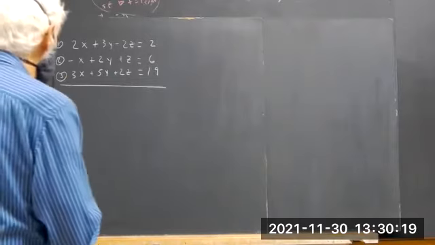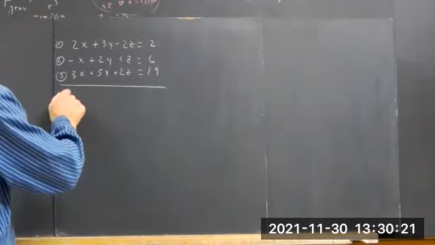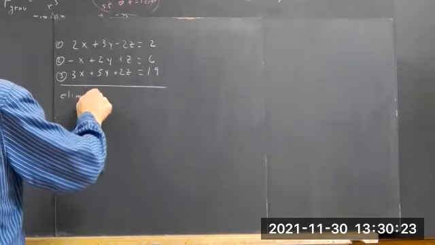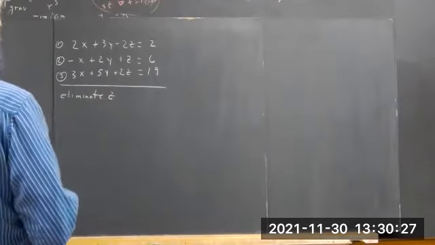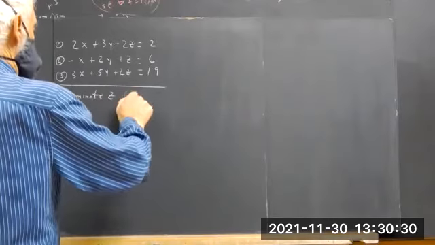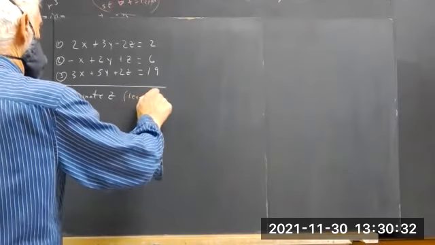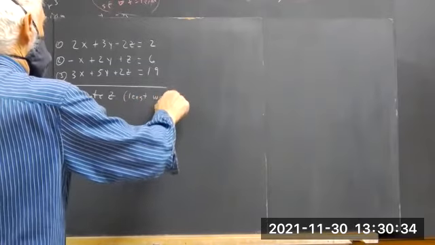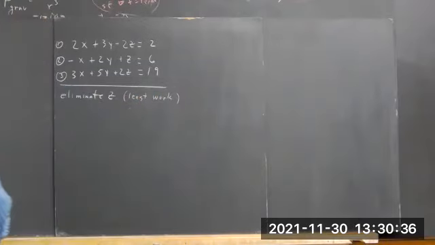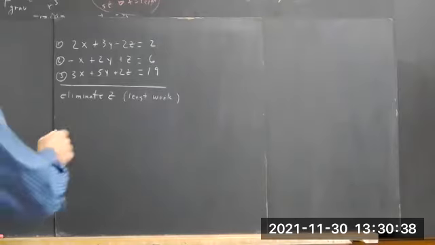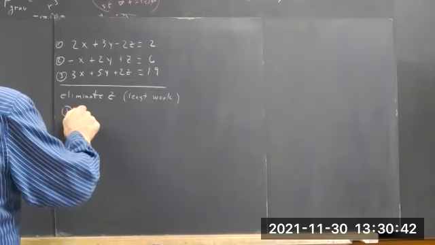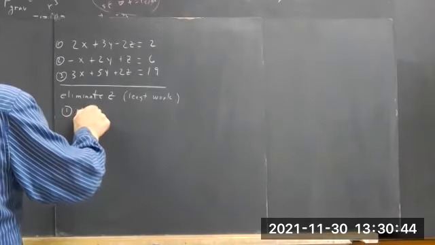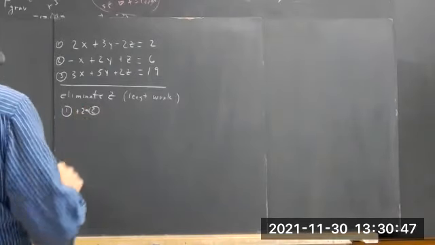Okay, so eliminate z because that is in some sense the least work. Okay, so we do 1 plus 2 times the second equation.